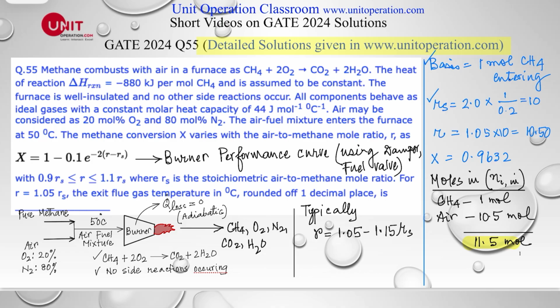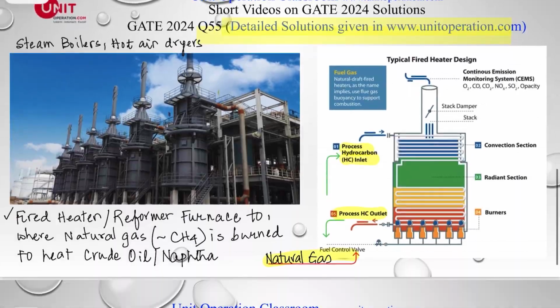We'll show that very quickly. And R is equal to 1.05 RS, so we add 5% extra. Typically between 5 to 15% excess over the theoretical requirement is fed into the burner. That's the standard procedure.